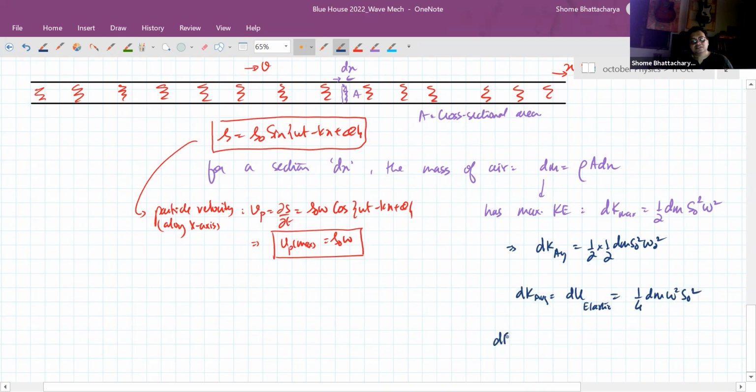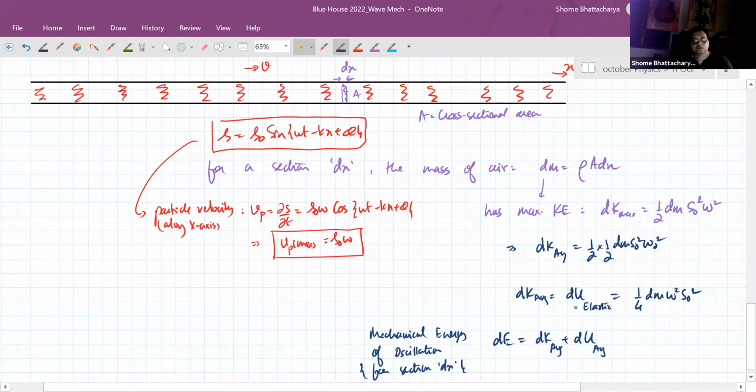So the mechanical energy of oscillation for the section dx is now the sum of these two, average kinetic plus average elastic potential energy. That becomes 1 by 2 dm omega square s naught square.